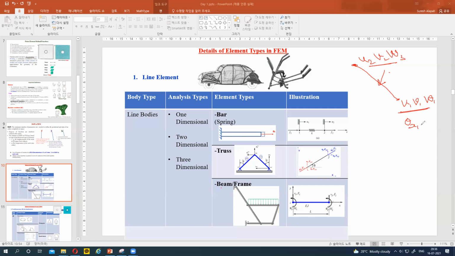Similarly, we have to find here rotation in X direction at its second node, rotation in Y direction, and rotation in Z direction at the second node. So at each node, we have to find 6 variables for a general line element.